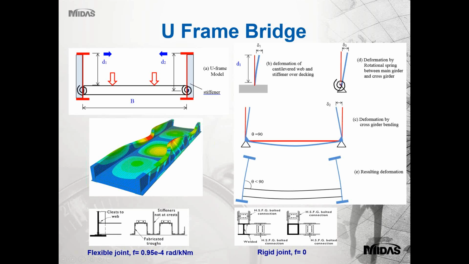So depending on the flexibility of the joint, there can be some additional deformations at the top, and also the deformation due to the bending of the cross girder. So all these three types of deformation come into the picture, and we get the net U-frame action, which is the main resisting factor for the lateral torsional buckling.